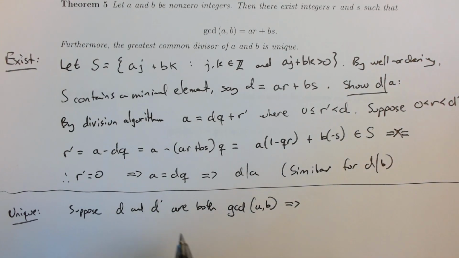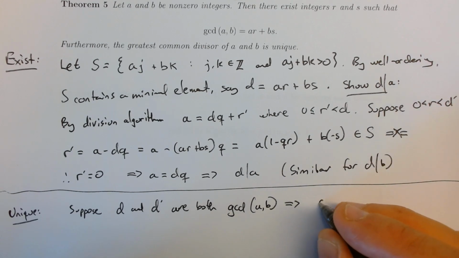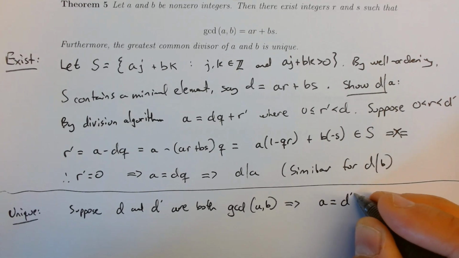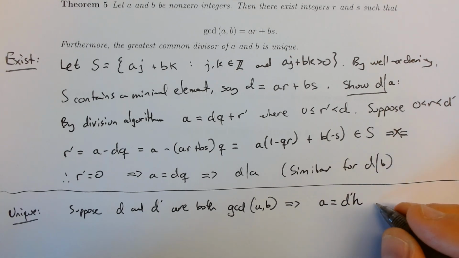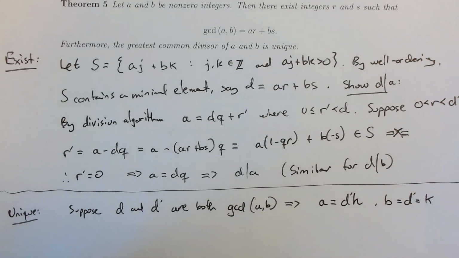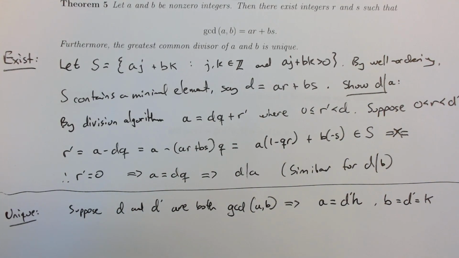Because D prime is a common divisor of A and B, A is some multiple of D prime, say D prime times H, and B is D prime times some other number, say K. That's just being a common divisor of A and B.